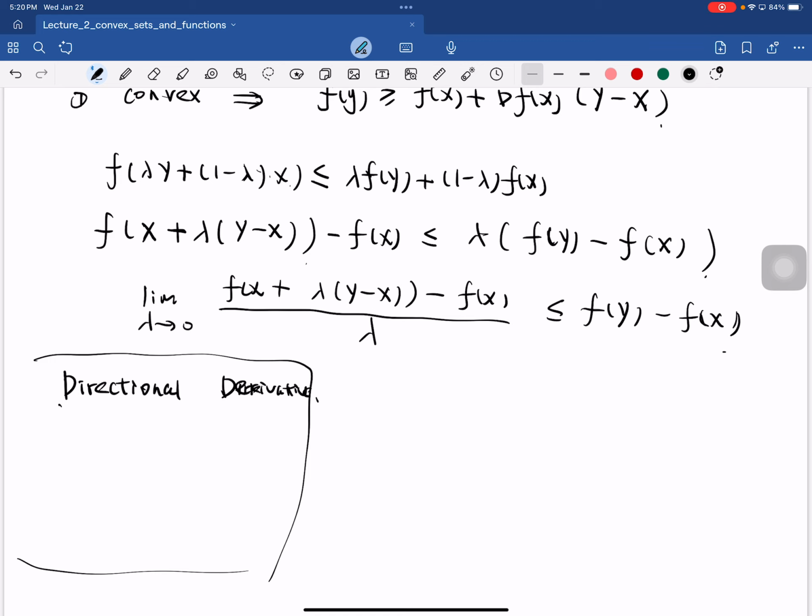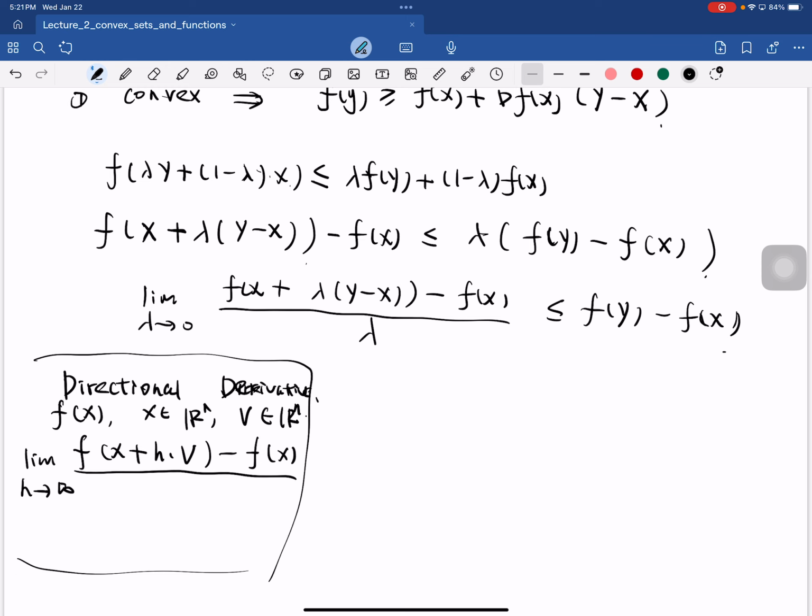Think about a function f of x, where x is in R^n, and you have a vector v in R^n. The directional derivative is the limit as h goes to 0 of f(x plus h times this vector v) minus f of x, divided by h.